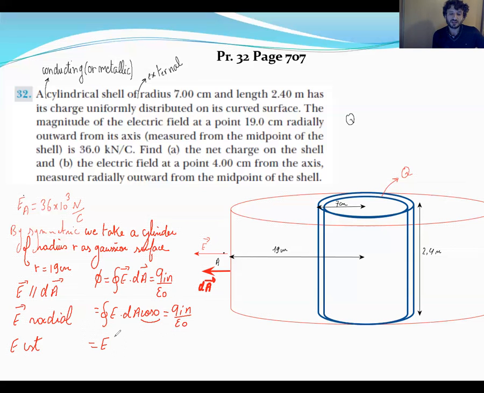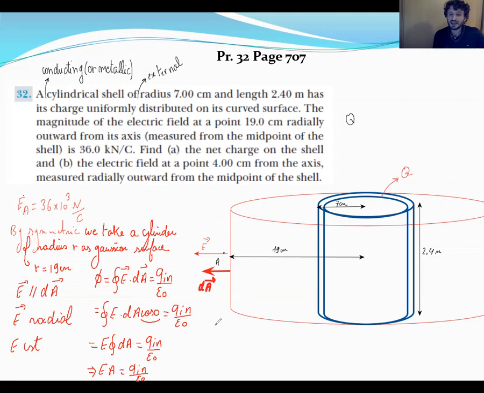We have E integral dA equals Qn divided by epsilon. So EA equals Qn divided by epsilon.